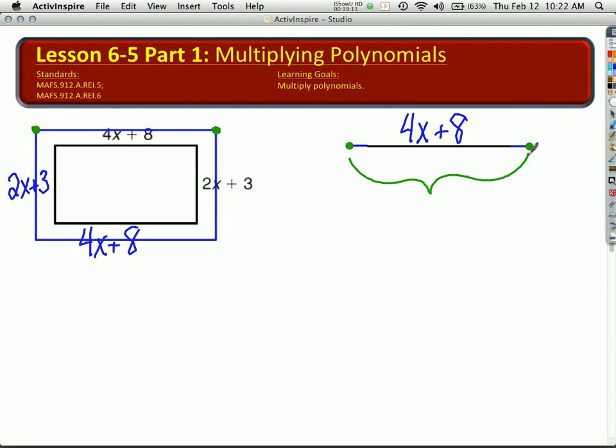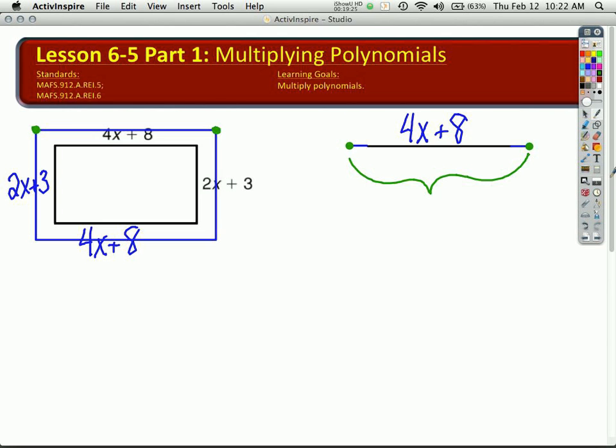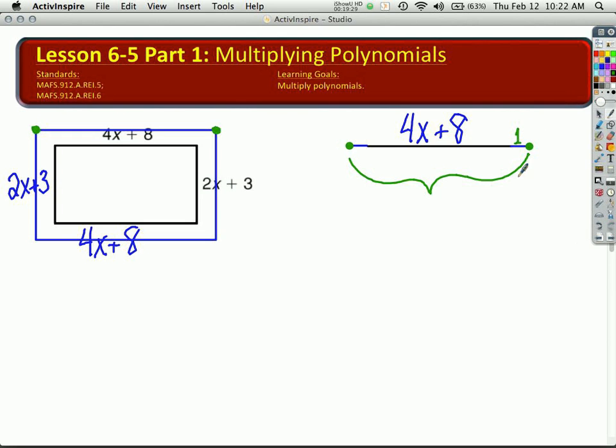Well, let's back up. How long is that little blue line that I just put in? Gloria? It's 1. Where'd you get that from? Yeah, from the question. This was a 1. How long is the little blue line on the left? Diane? It's 1.